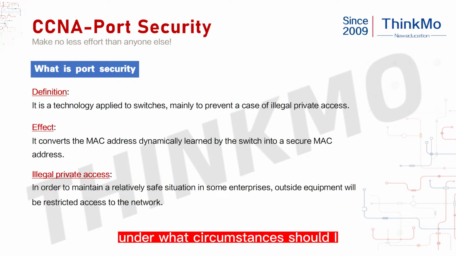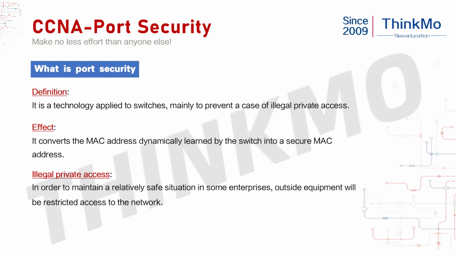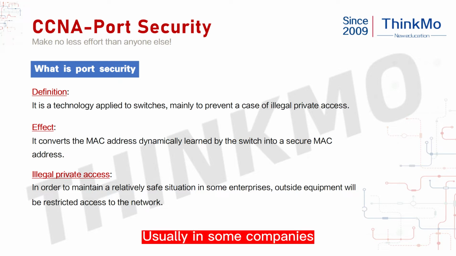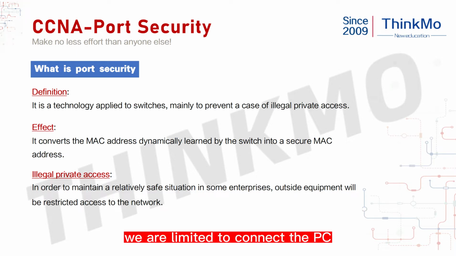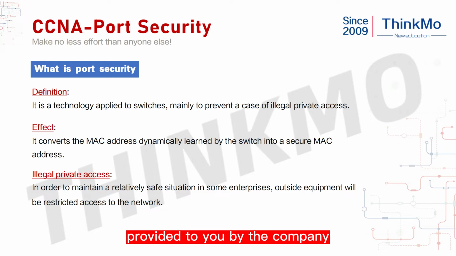Under what circumstances should we prevent illegal private connections? Usually in some companies, to keep things relatively safe, we are limited to connecting the PC provided by the company, the company's server, or network equipment.